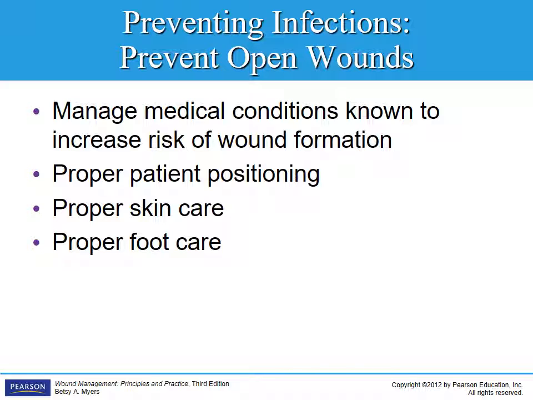Patients who have wildly swinging blood sugars, you're not going to see wound healing in them. So you have to manage the medical conditions known to increase the risk of wound formation. Otherwise, you're going to see the wound get bigger, and there's going to be a decrease in healing.